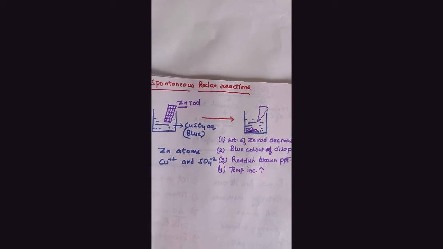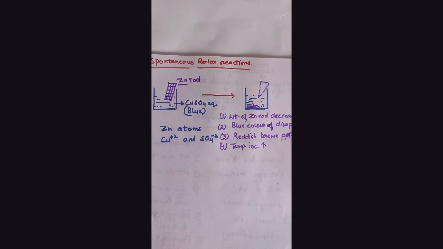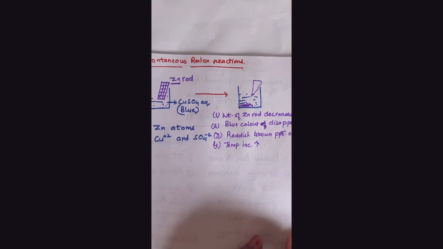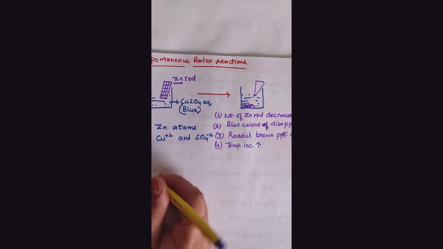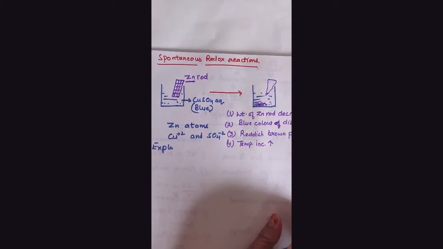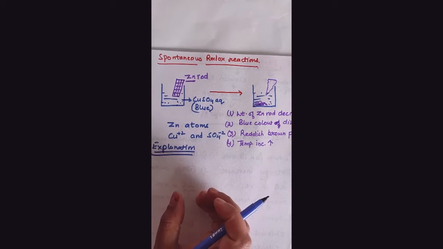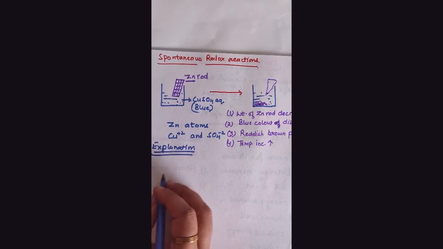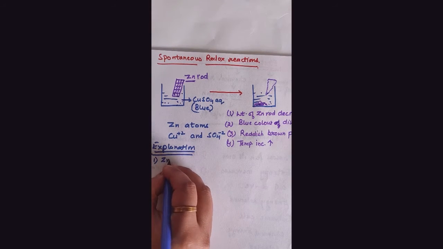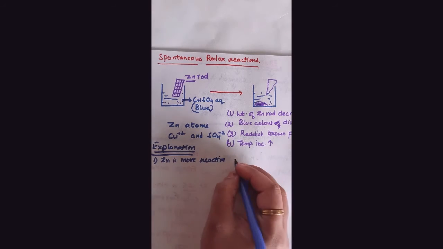Now why is this happening? You are simply putting the zinc rod. If you remember the reactivity series, let me explain these points one by one. The explanation for this reaction: the first thing is that zinc is more reactive than copper.